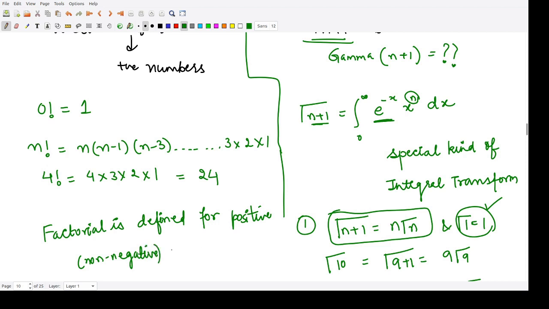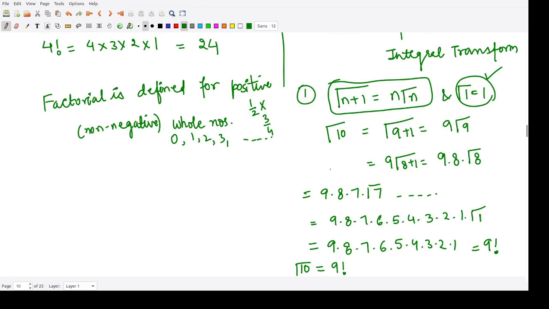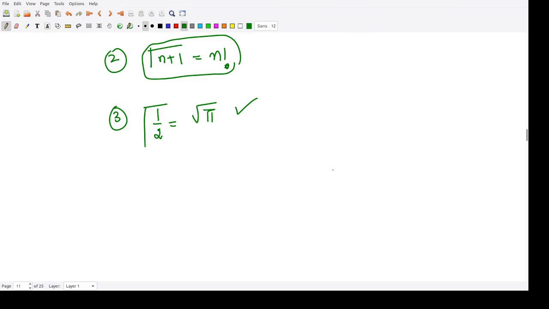Not integers, but whole numbers, right? So whole numbers. That means you could calculate it for 0, 1, 2, 3, 4 and so on. You cannot calculate it for half, or for 3 by 4 and quantities like this. So for that we use the gamma of some particular quantity.